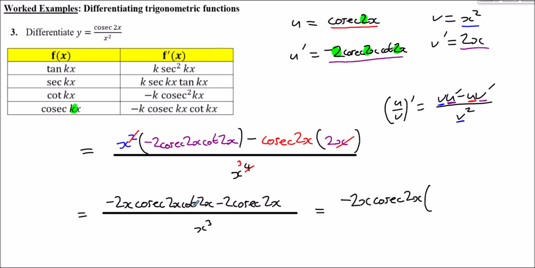Over here we have to write in cot 2x. This is minus, and we want to keep it as a minus, so minus and minus would make a plus. We don't want that, so we leave it as a positive for the next term. We've got minus 2x cosec 2x. This is the same thing again, so we multiply it by 1 to get itself back, all over x cubed. And then we're done. It's factorised into a slightly nicer form. We've cancelled out the x on top and bottom. That's the simplest way of writing the derivative.